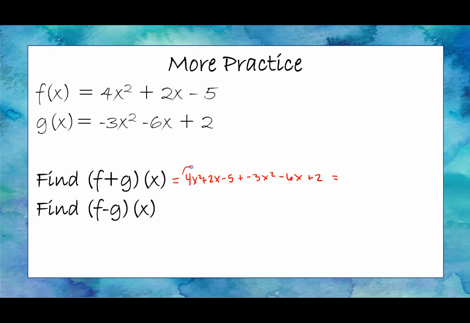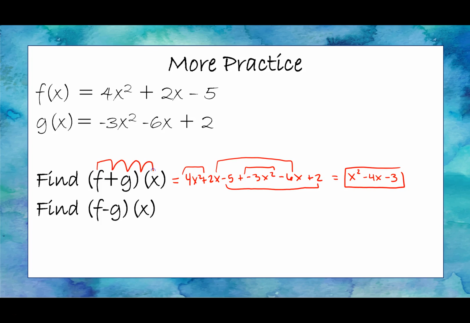And so we're just going to be smart about adding our like terms. 4x squared minus the 3x squared is just a positive 1x squared. A 2x and a minus 6x will give me a negative 4x. And lastly, a minus 5 and a plus 2 is going to give you a minus 3. And that will be your answer for f plus g of x. That's how you say that, f plus g of x. It's kind of an invisible word of right here.